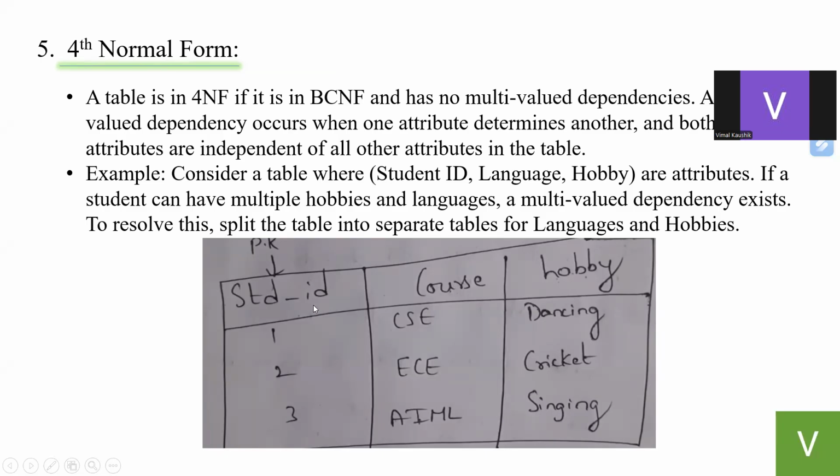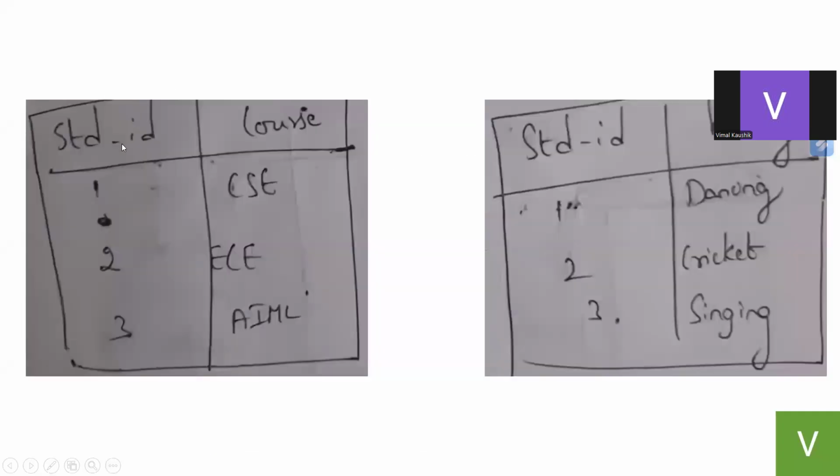Here, student ID is a primary key, whereas course and hobby are non-primary key attributes. So, by converting this into the fourth normal form, it should be in BCNF as well as it should have no multi-value dependency.